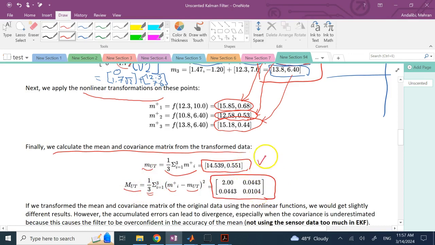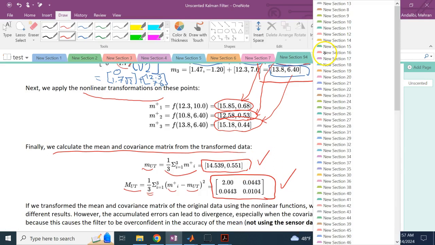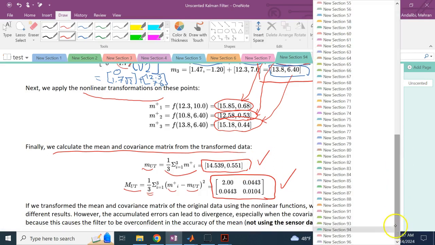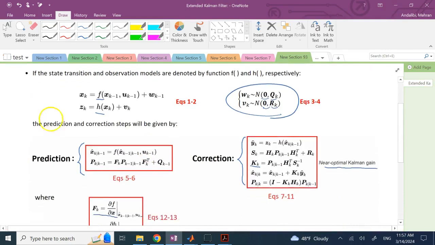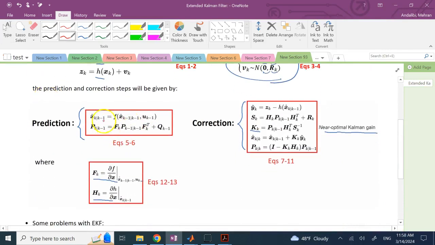So this is the mu and this is the sigma that you have to use in your prediction stage. Let's go back here. Look here, you see how I am projecting my covariance matrix?